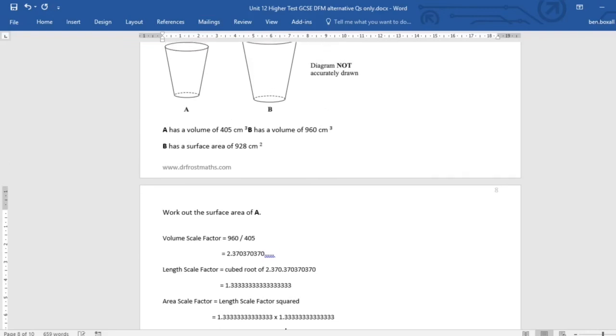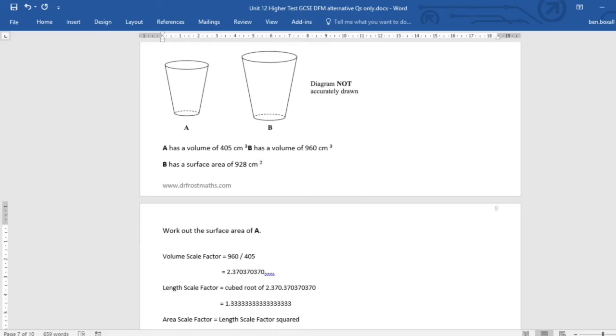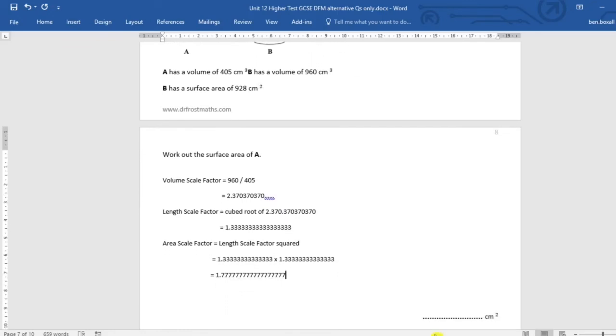The question has told me B, the bigger one, has a surface area of 928, and I've got to get the surface area of the smaller one. So to get the surface area of A, it's 928 divided by the scale factor of 1.7 recurring. On my calculator I can use the answer function. I get exactly 522. Because it's so exact, I'm confident I've got this right. So that is the answer.